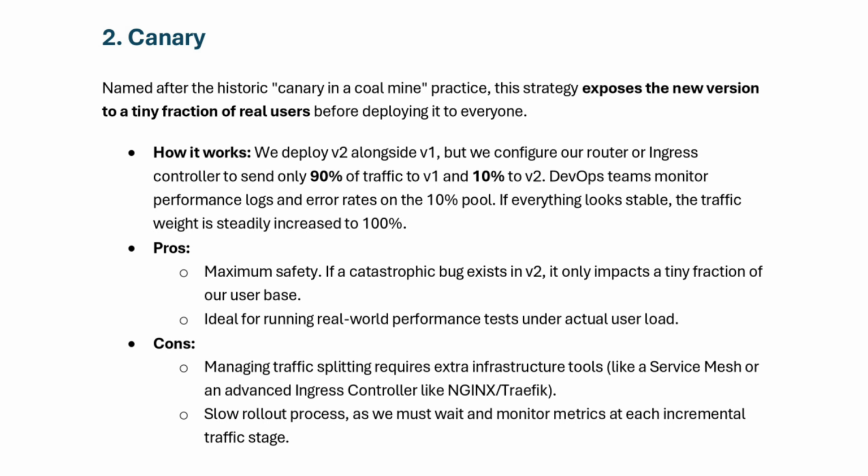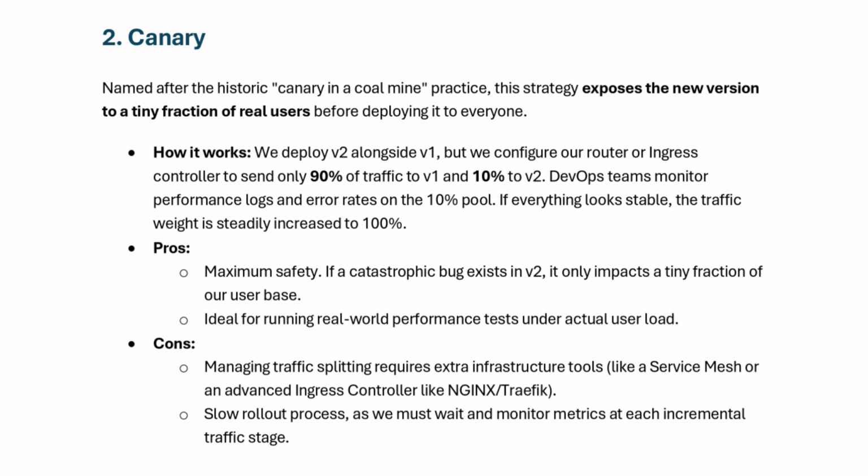So Canary deployment strategy is where we deploy version 2 alongside version 1, but version 1 will have 90% of the traffic and version 2 will have 10% of the traffic. We configure that using a router or ingress controller. So the DevOps team will monitor performance logs and error rates on that 10% of version 2 traffic pool.